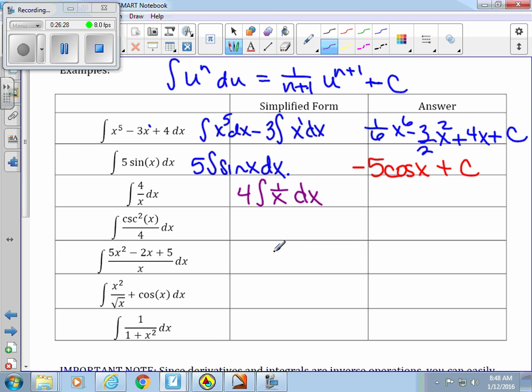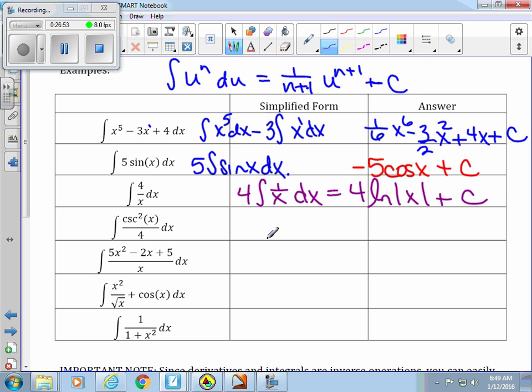Natural log. That's right. Now the new thing is you do have to put an absolute value on that x because I don't know if x was positive or negative. I cannot have a negative in a logarithm, so I've got to take care of that piece. Oh yes, thank you very much. 4 times natural log of the absolute value of x.